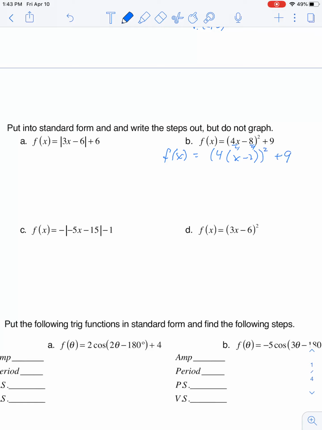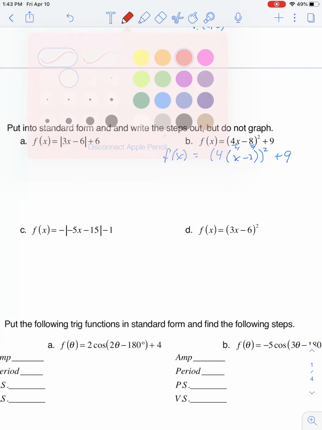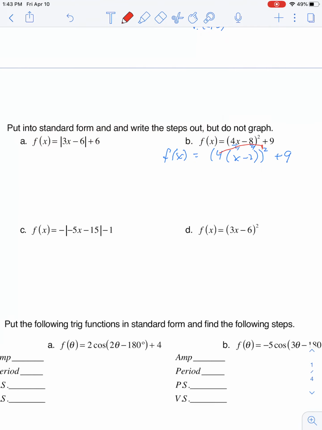Maybe you do that in one step, but it's nice to see that process. So I'm pulling the 4 squared out. Let's write that again like this, 4 squared, and that's going to give me 16. Whole thing comes out, and then I have x minus 2 squared plus 9. And that's going to be f of x.